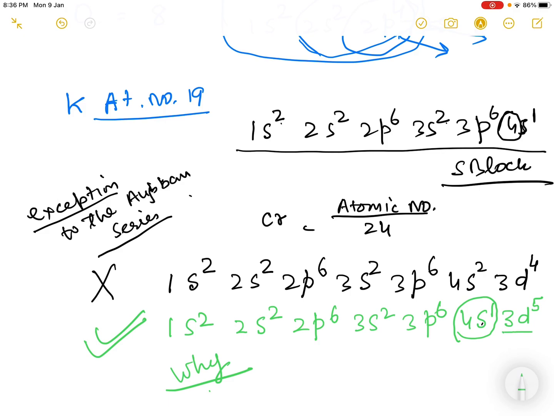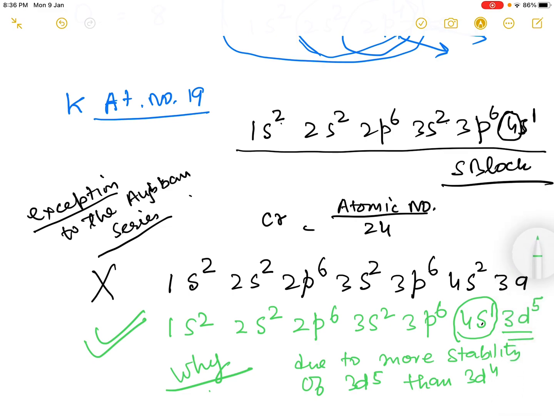See, d has more stability of 3d5 than 3d4. How?